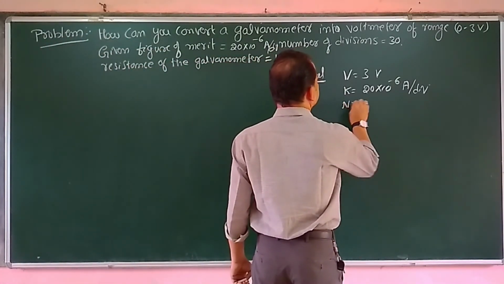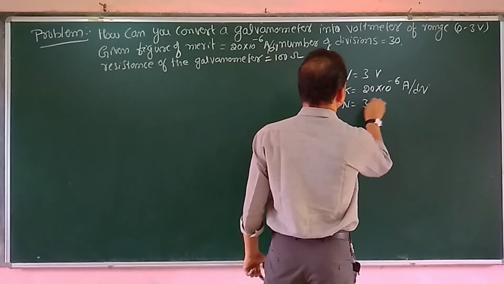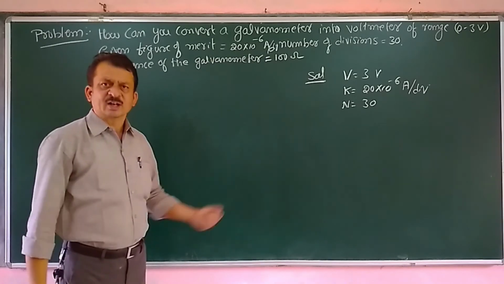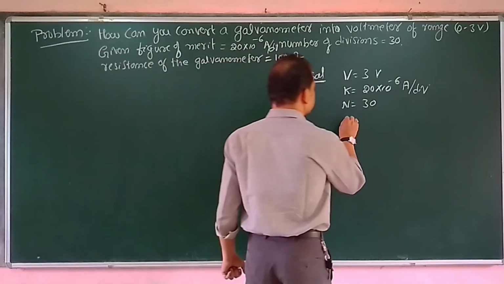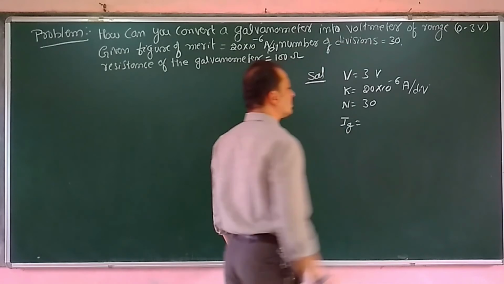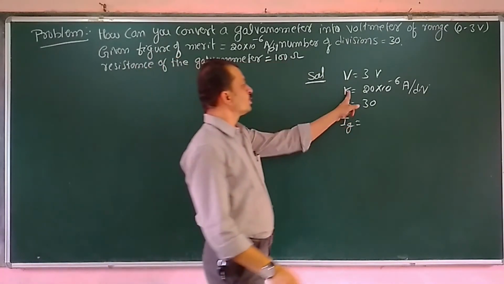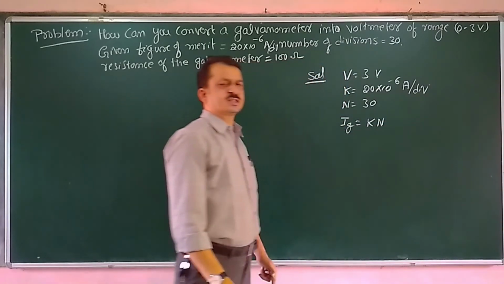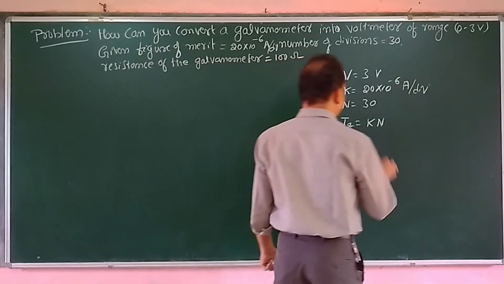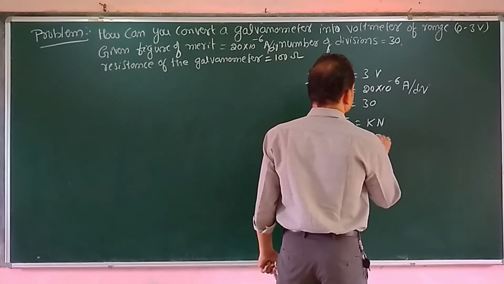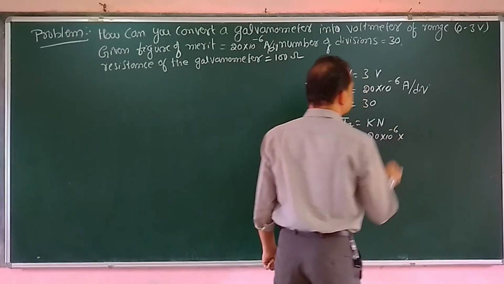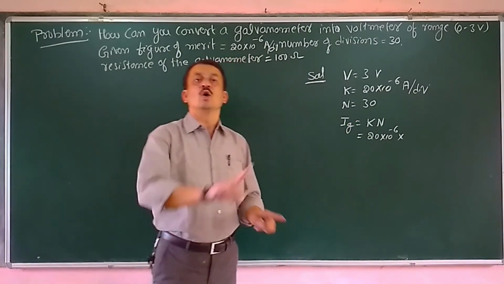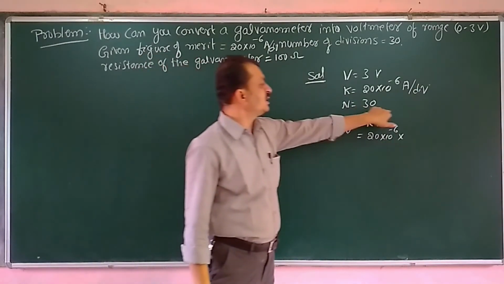Then the total number of divisions is given. That is 30 divisions in the galvanometer on one side. Now I have to calculate the full scale deflection current. Therefore, the full scale deflection current Ig is equal to the current for one deflection times the total number of divisions, N into K. That is 20 into 10 to the power of minus 6 into 30 divisions.